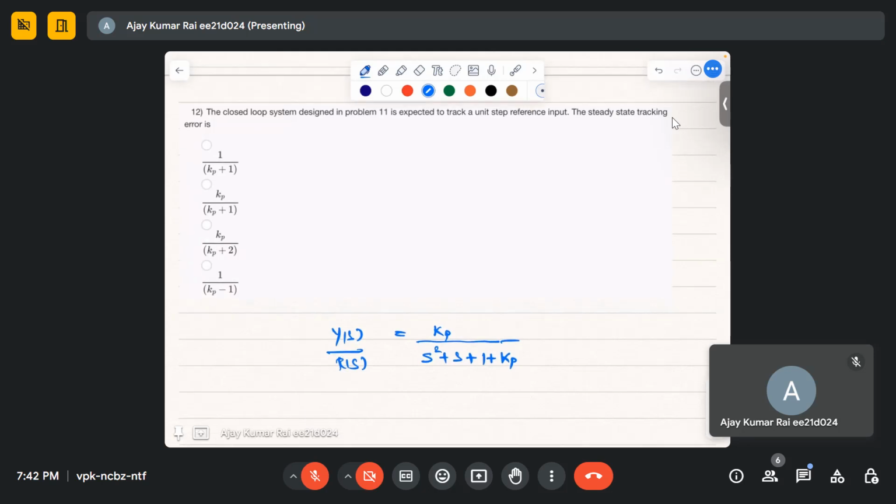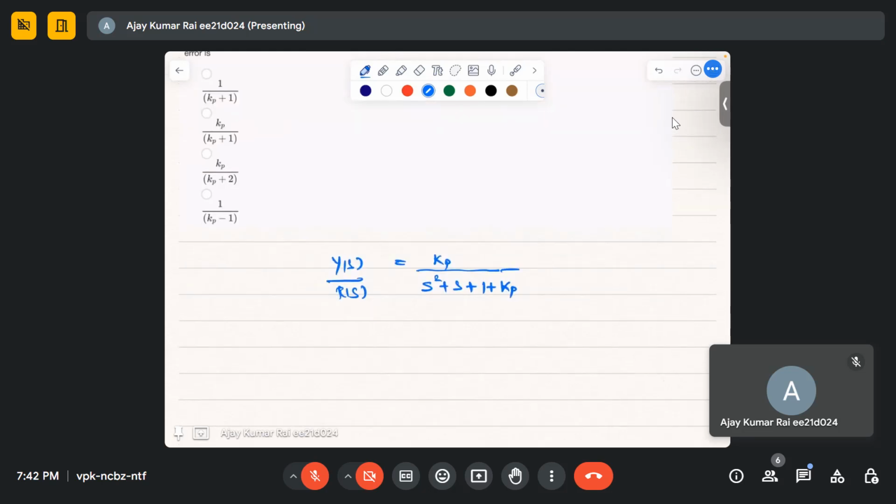For a unit step reference input, R(s) is unit step, which is equal to 1 by s.